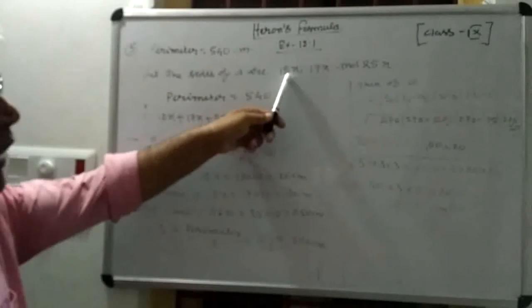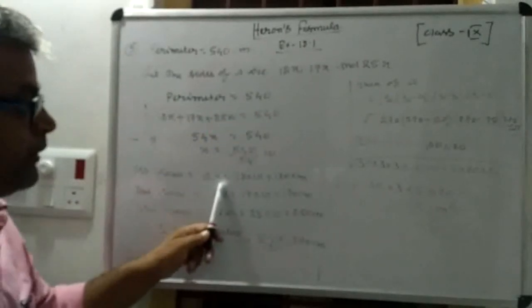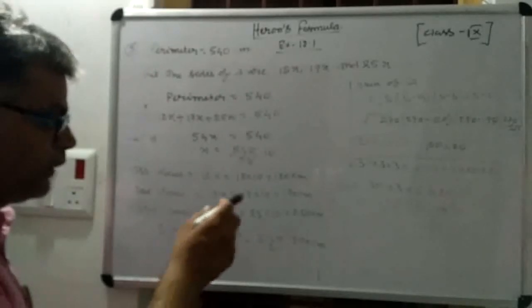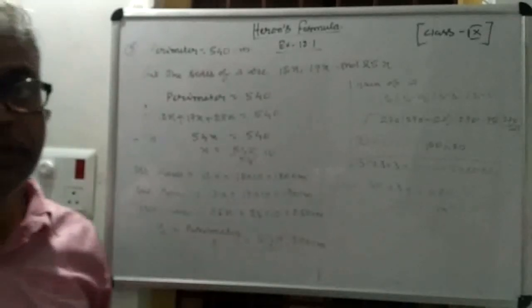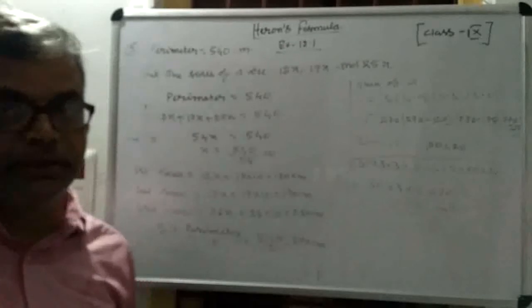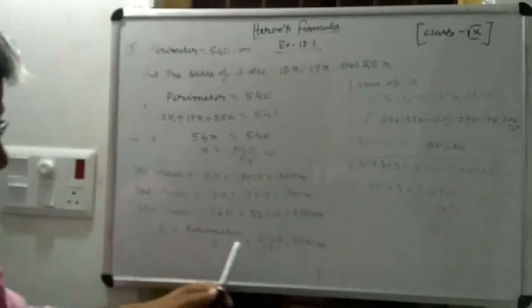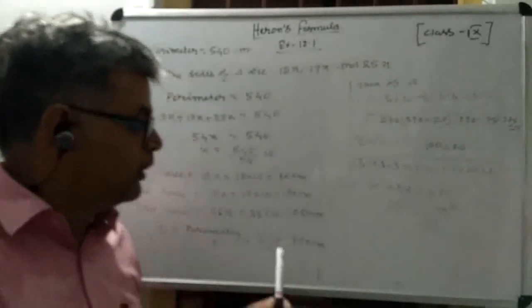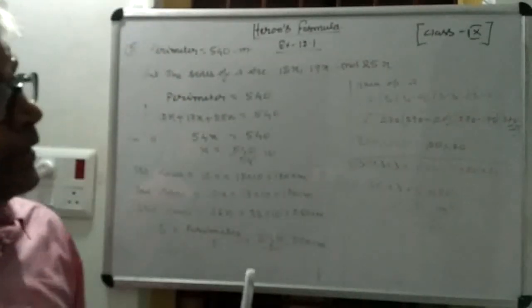Putting the value of x in all three sides, we obtain the sides of the triangle: 120, 170 and 250. Since the perimeter was known, it is easier to calculate the semi-perimeter by just dividing by 2. So 270 is the semi-perimeter.